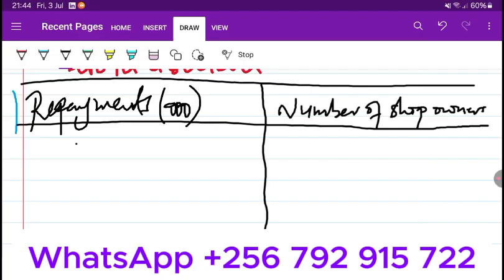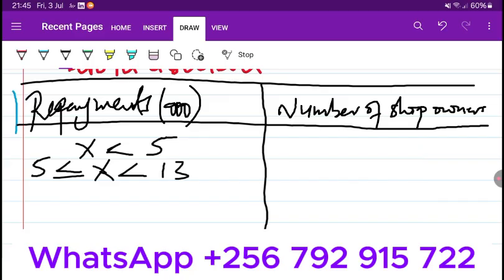They have displayed this as x less than 5. The second one is x greater than or equal to 5 but less than 13.